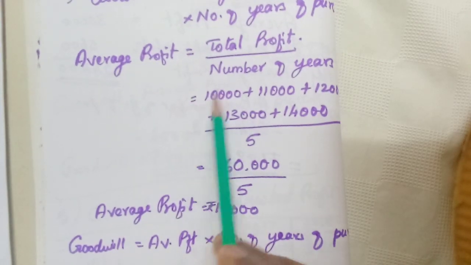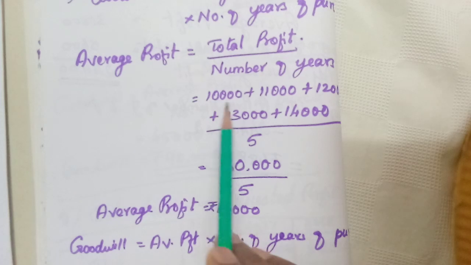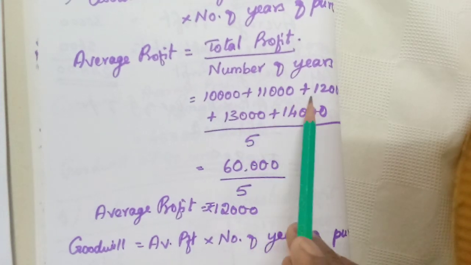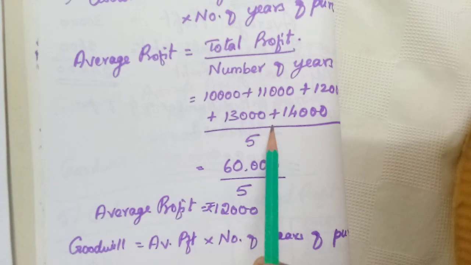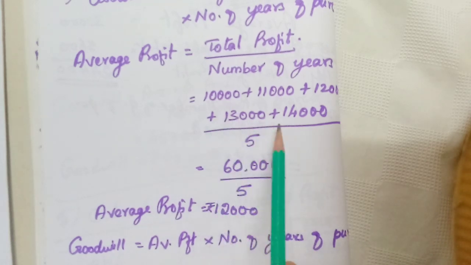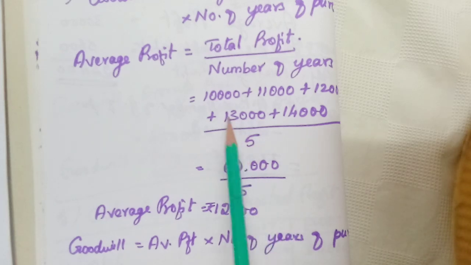Here total profit we need to add all the profit, isn't it? 10,000 plus 11,000 plus 20,000, 12,000 plus 13,000 plus 14,000 divided by number of years 5. 1, 2, 3, 4, 5. So when you add we will get 60,000. So 60,000 divided by 5 we will get 12,000.